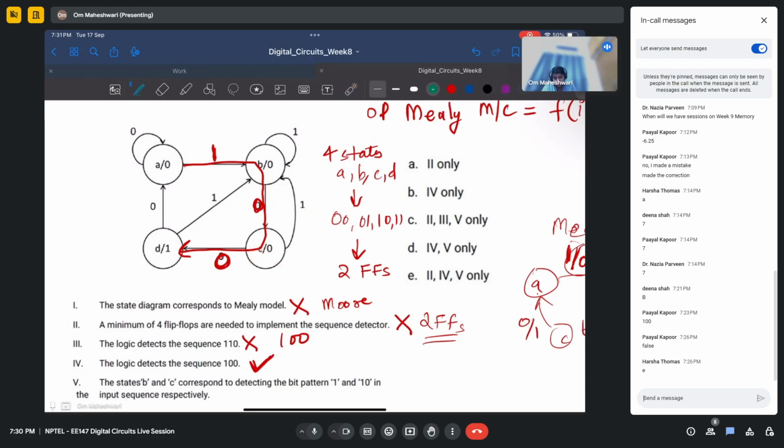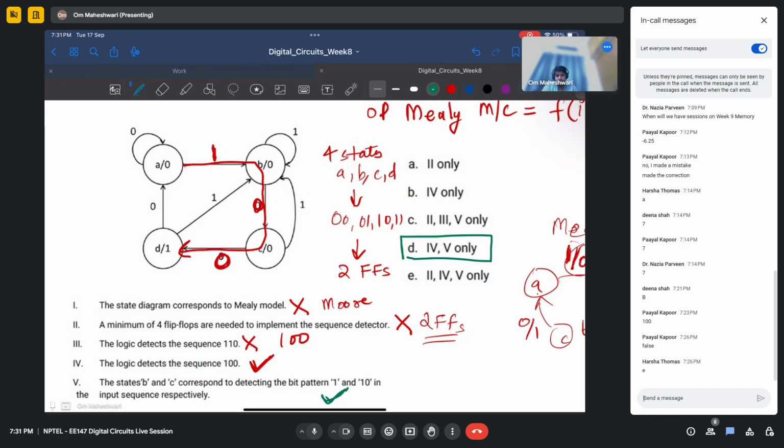So this is also correct. So our answer is option D. Only 4 and 5 are correct. Harsha had written E. Second is not correct, Harsha.